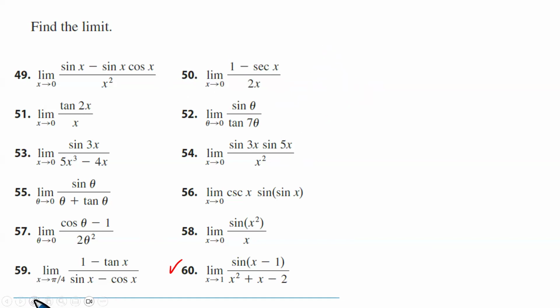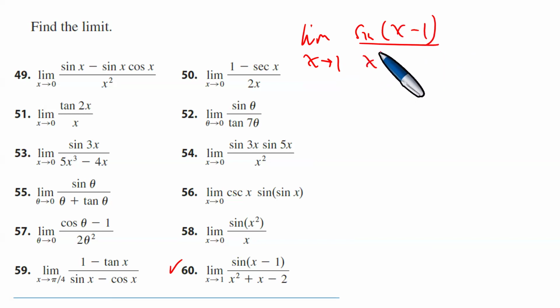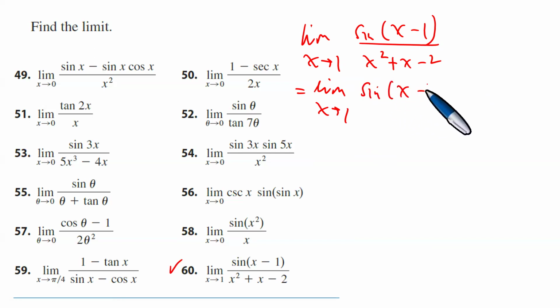So you have the limit, which is exactly sine of x minus 1 divided by x squared... by x, which is the limit, which is x plus 2.